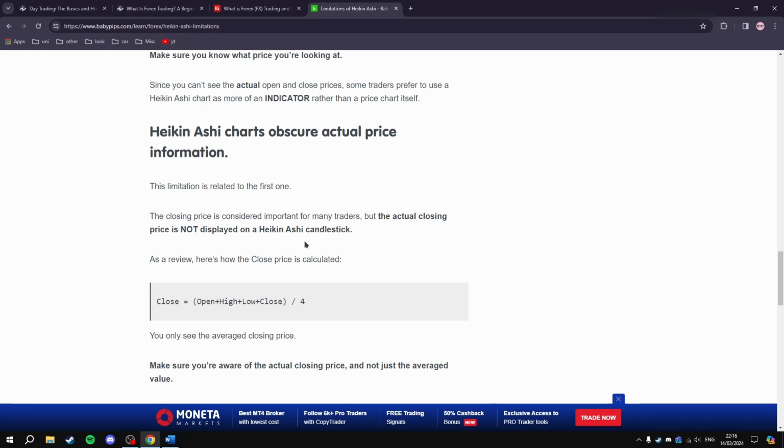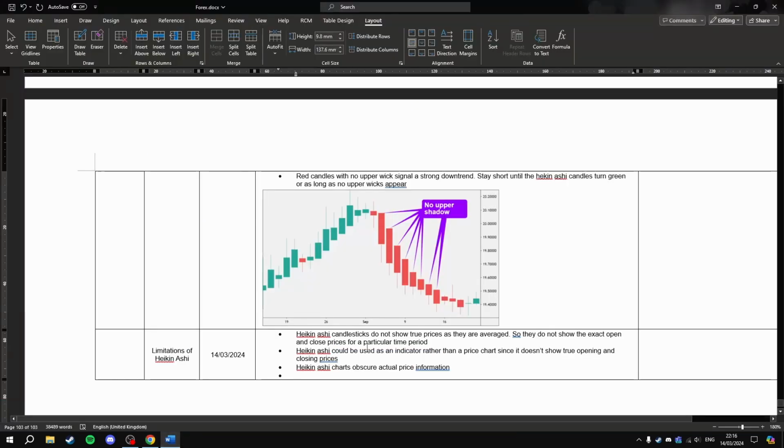The closing price is considered important for many traders, but the actual closing price is not displayed on a Heikin ashi candlestick. The actual closing price is not shown on the Heikin ashi candlesticks.